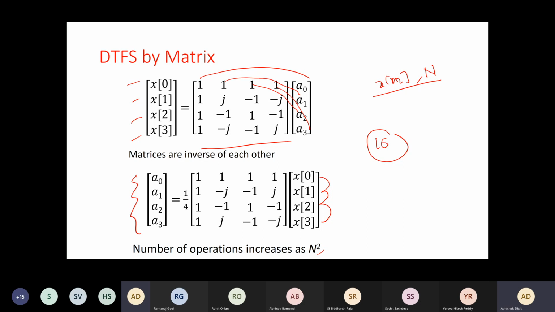Now I am trying to look at a way by which I can reduce the number of operations. Is the motivation clear? Because I have shown that if I conventionally use this DTFS, it's going to be a bad thing, right? So many operations. So let us see a way by which I can reduce the number of operations.